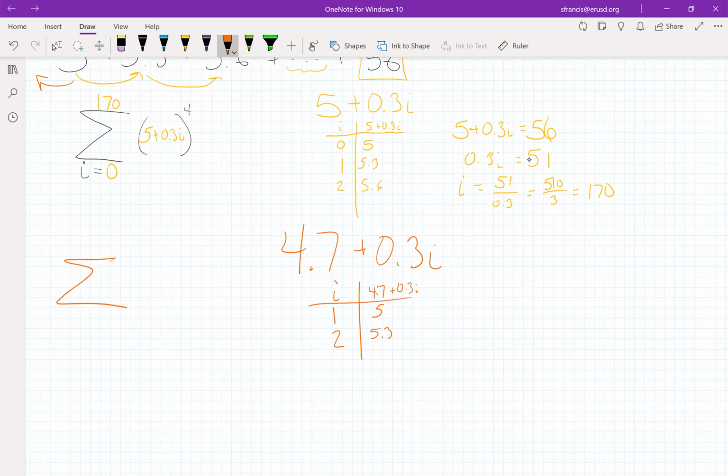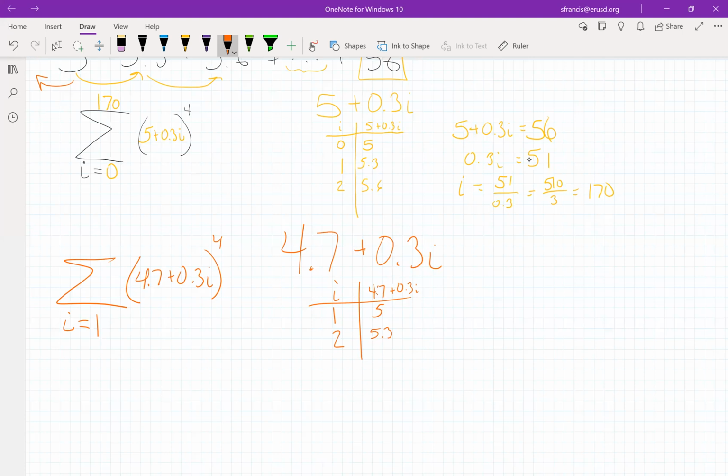So another version of this, which is correct and equivalent but a little bit different, I'll put the top number up in just a moment, is going to be 4.7 plus 0.3i. Now, I'm not going to stop at 170 again because that worked for the other one.